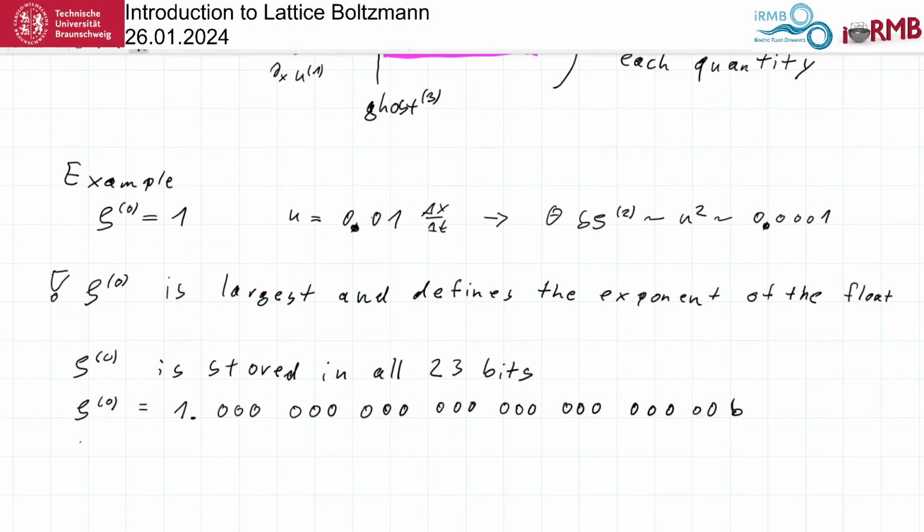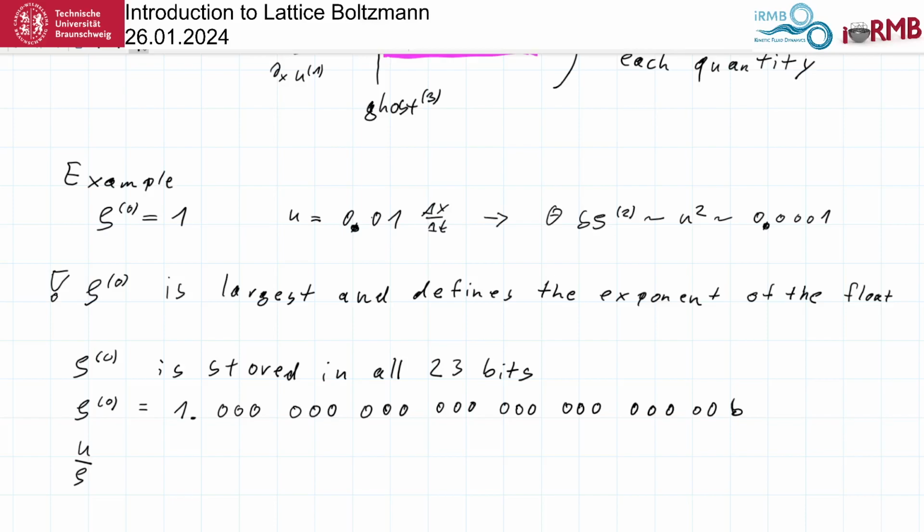So this u is stored according to that scale. And is that more than 23 bits? 1, 2, 3, 4, 5, 6, 7, 8, 9, 10, 11, 12, 13, 14, 15, 16, 17, 18, 19, 20, 21, 22, 23.